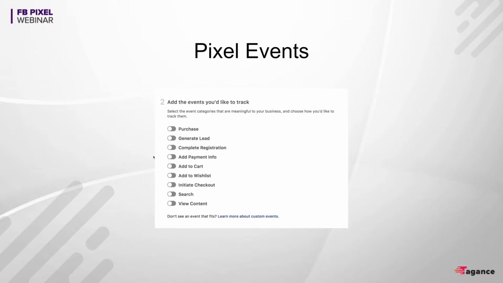For the example that we saw earlier, we should use one of these two. Generate lead or complete registration should fit our campaign for the webinar. But anyway, you can use any one of those, and also there's an option to create a custom one. We will learn it later on in the next lectures.